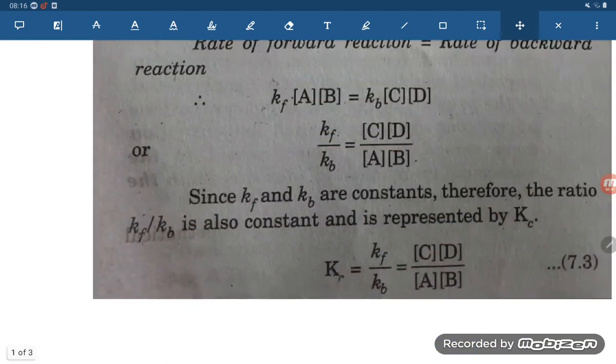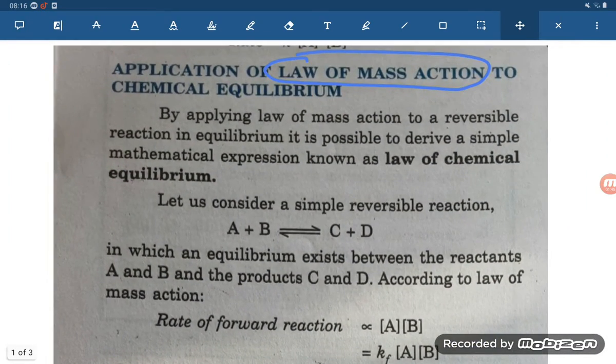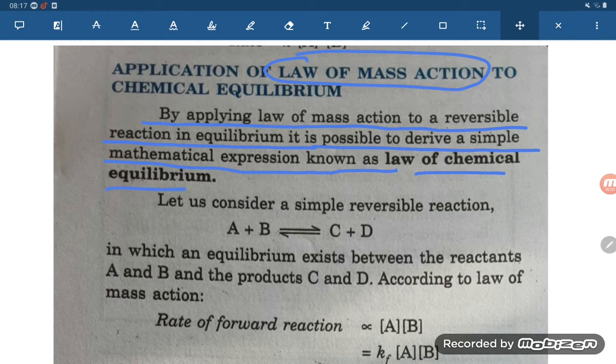So dear students, let us have a look at this question, where we are applying the active mass. How can we apply it? They are saying that by applying the law of mass action to a reversible reaction in equilibrium, it is possible to derive a simple mathematical expression known as the law of chemical equilibrium.